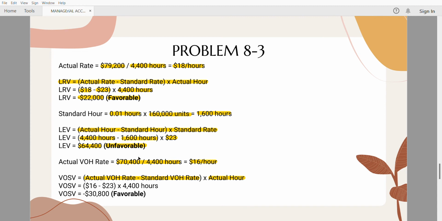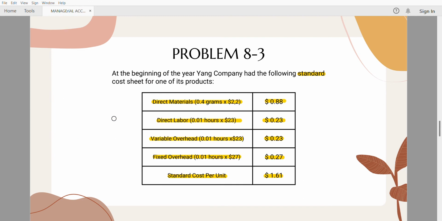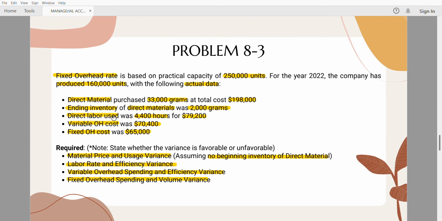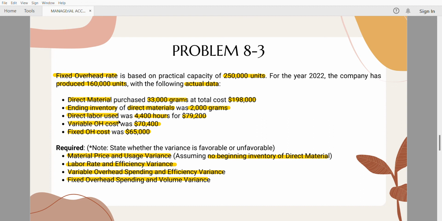You must be asking, why 4,400? Because 4,400 is the labor used, and if they didn't state what the overhead is based on, you can see right here, it is based on hours. They also stated it is based on hours, so we can ask, what is the only thing that is based on hours in this problem?